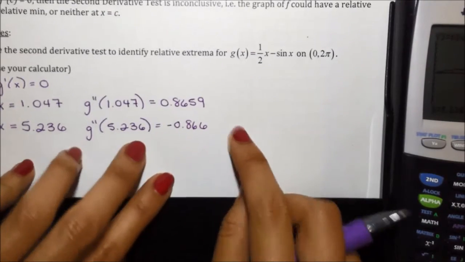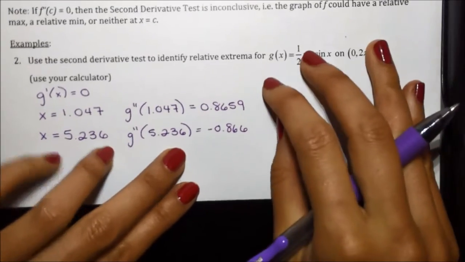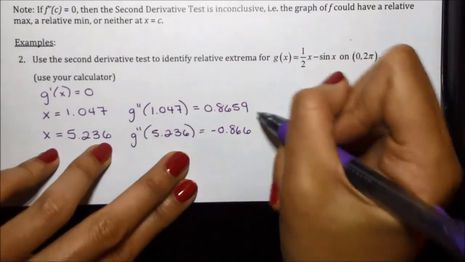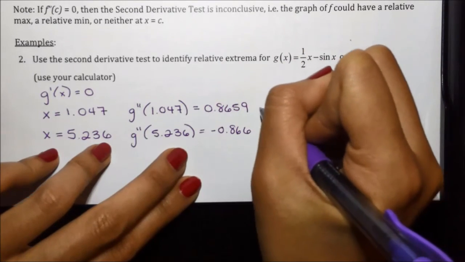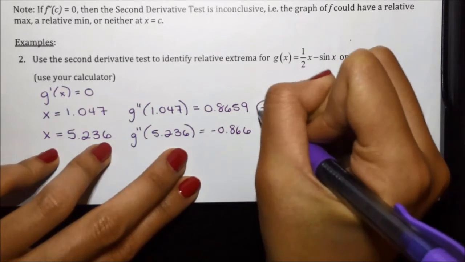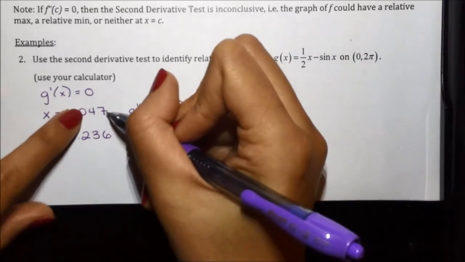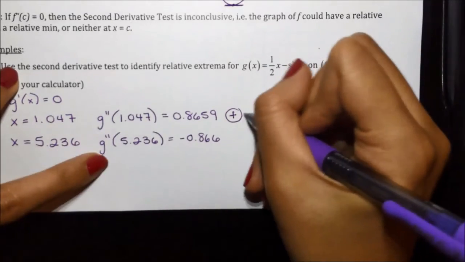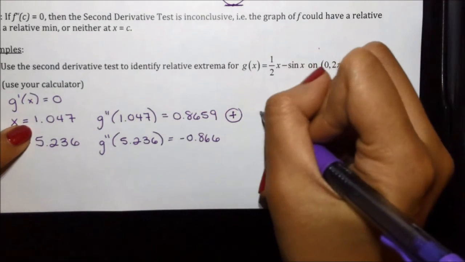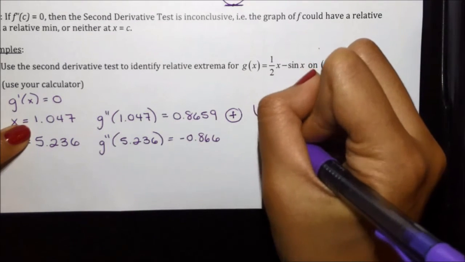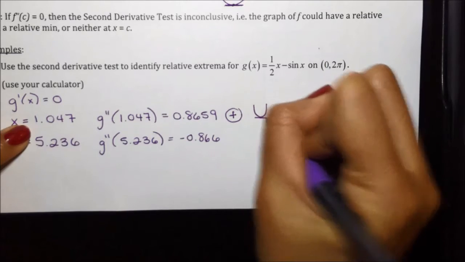What this means, if we interpret from this data, is that the second derivative is positive here, and the first derivative equals 0. If the second derivative is positive and the first derivative equals 0, then I have a concave up graph with a horizontal tangent.